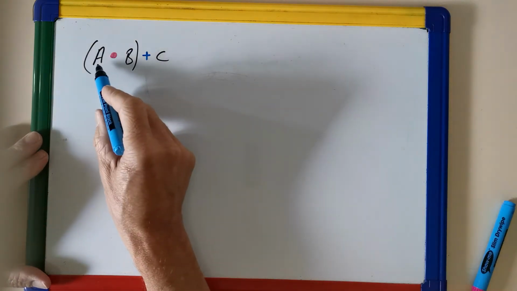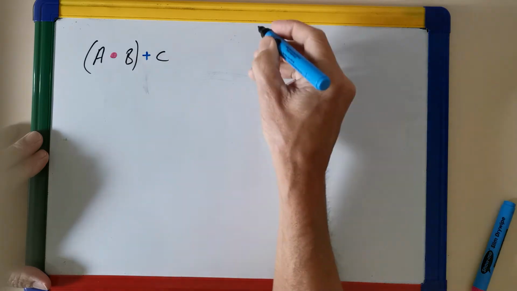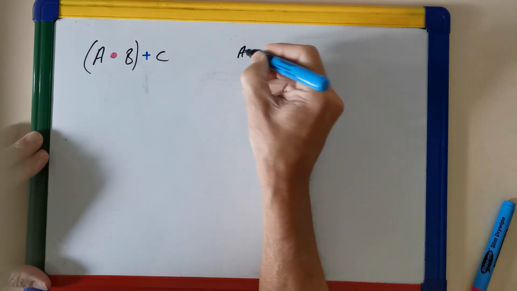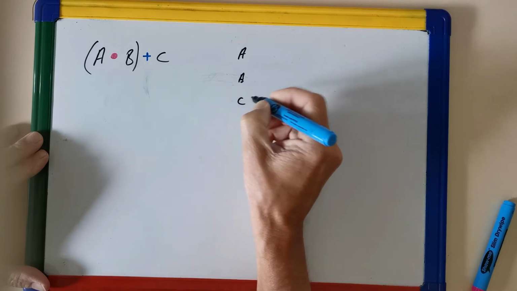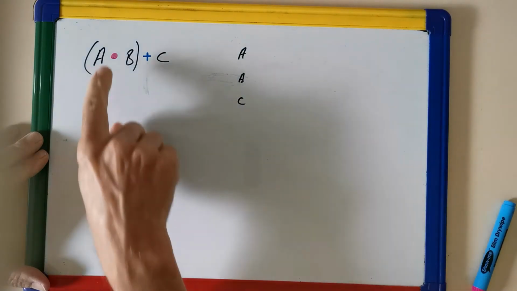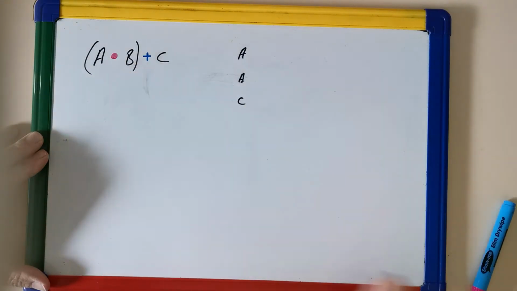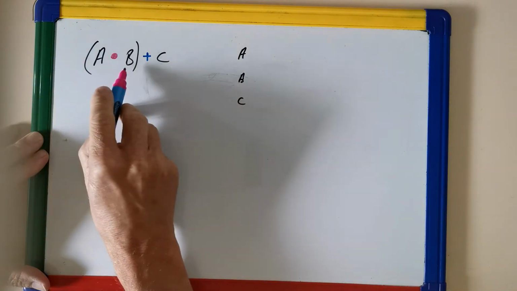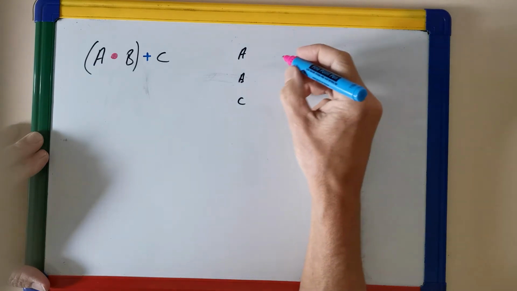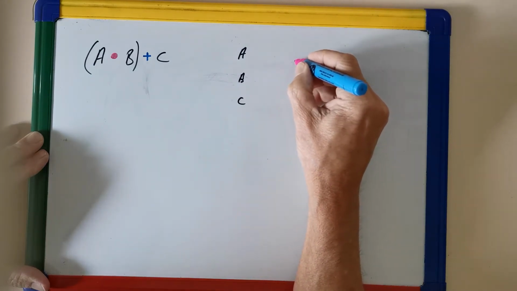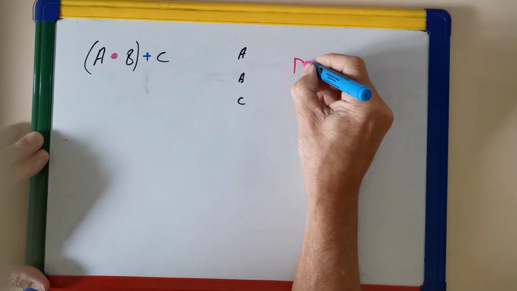Well, we've got 3 inputs to the circuit, A, B and C. So to draw the circuit, we simply list A, B, C. And we've got an AND gate with the A along with the B going into it. And because the AND was in this sort of red colour here, I'm going to draw the AND gate in that colour.